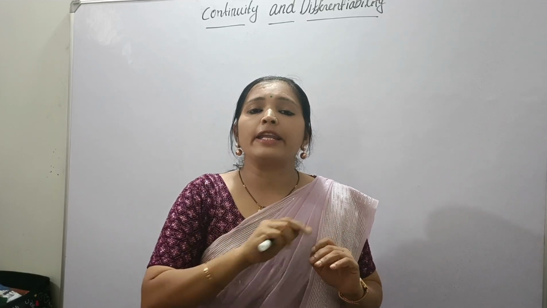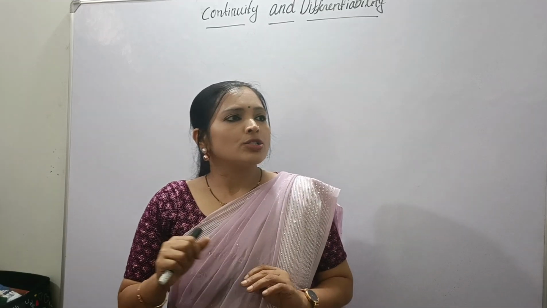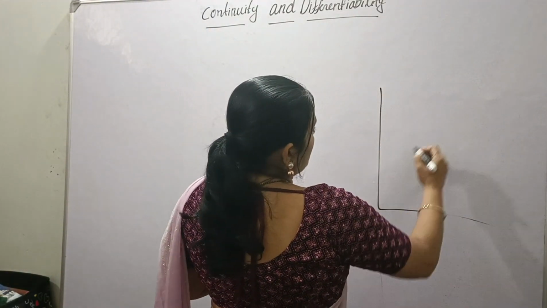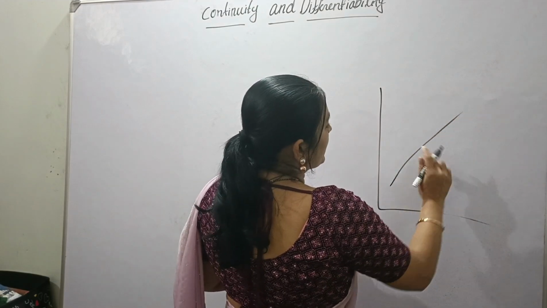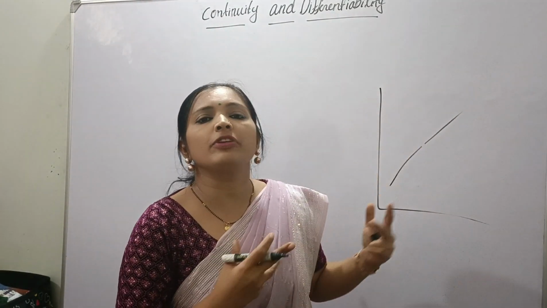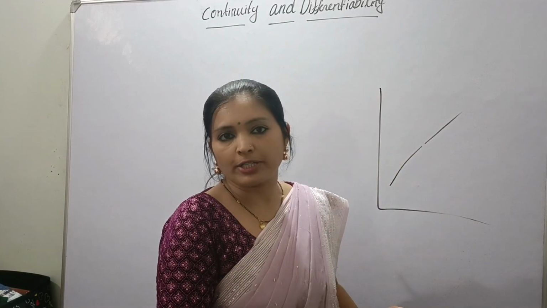That means there are no jumps or no breaks in the graph. So for example, suppose it's a graph. If it breaks here, at some point, we say this function is not continuous at this point.